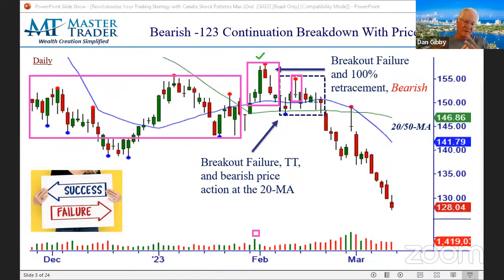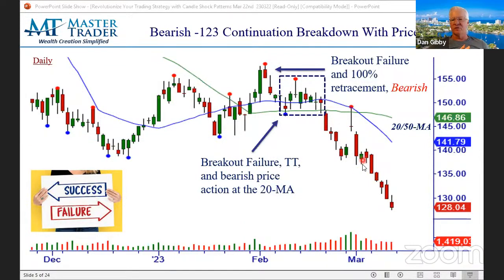And you know, we are talking about this because that's today's session, but actually the trade that we gave our subscribers was right here as a bearish 1, 2, 3 continuation. Here's another shock, Greg, that I don't have circled. Why is this a shock?